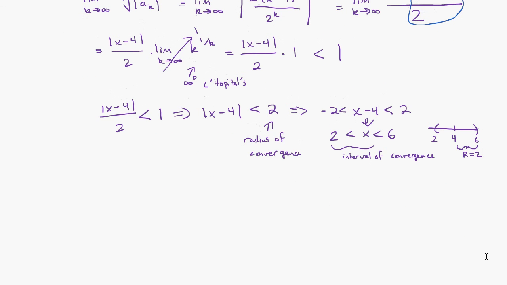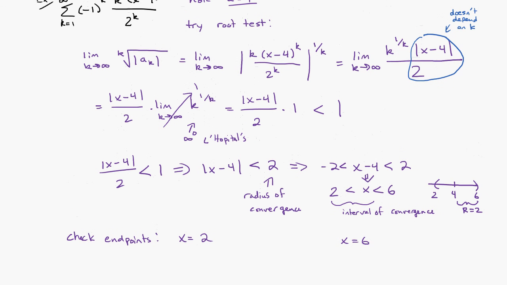So now we want to check the endpoints. So the endpoints are at 2 and 6, so x equals 2, x equals 6. So we plug it into the original series.